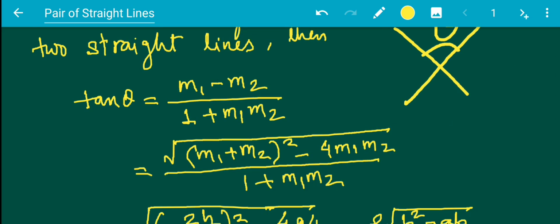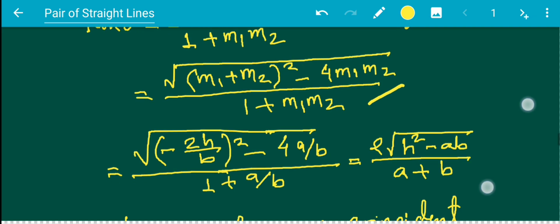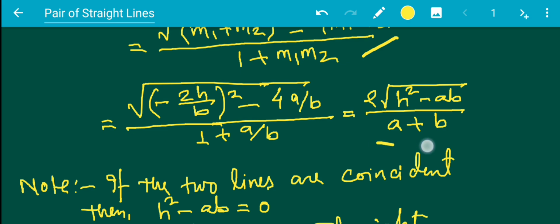From here I can write square root of m1 plus m2 whole square minus 4 m1 m2 divided by 1 plus m1 m2. Okay, now we have the values of m1 plus m2 and m1 m2. Putting these values, we can see tan theta is equal to this quantity. So the angle between the pair of straight lines is tan theta equal to 2 square root of h square minus ab divided by a plus b.